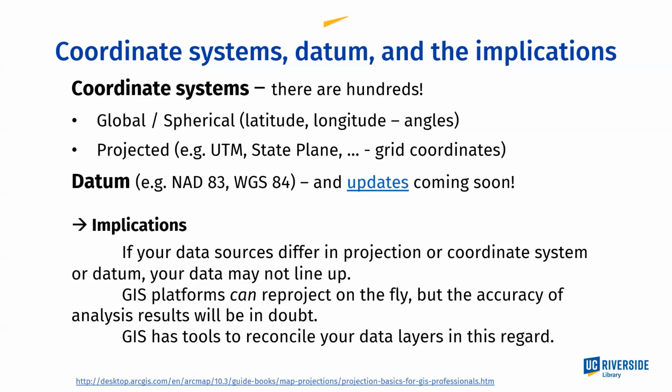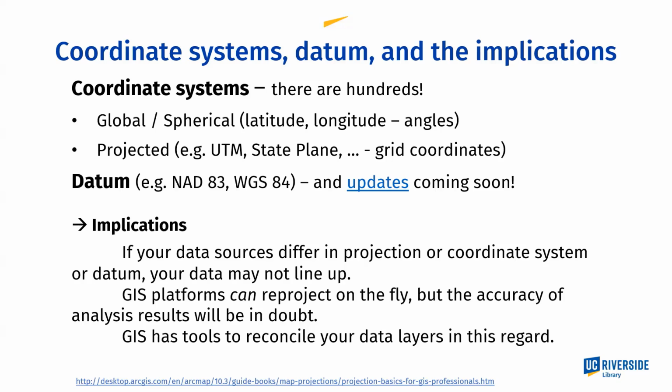So it's a very technical kind of thing, and they're getting more and more precise over time. And in fact, some updates are coming out this year or next year. So maybe in a few years, we're not going to be talking about NAD 83 anymore. We'll have a new appellation of what datums are being commonly used. And you know what? If you have variance in different layers with different coordinate systems or different datum or different projections, in theory, that data may not line up too well.